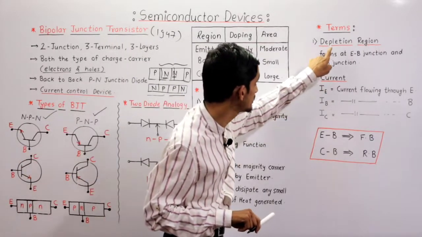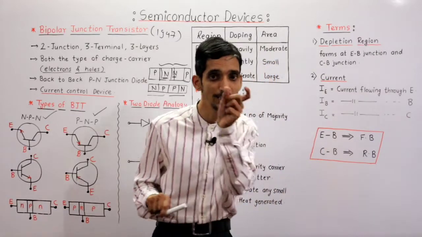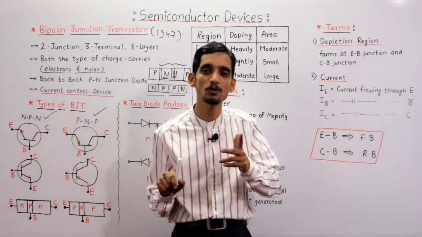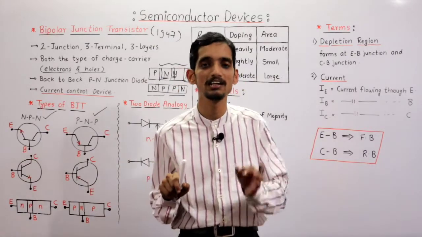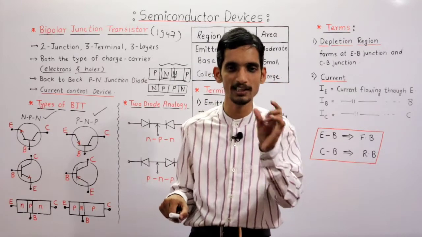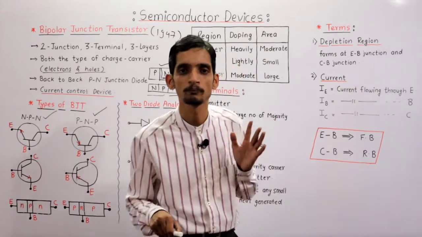That's why it forms at the emitter to base junction and the collector to base junction. One more important point: in a transistor there are two junctions, named emitter to base and collector to base.